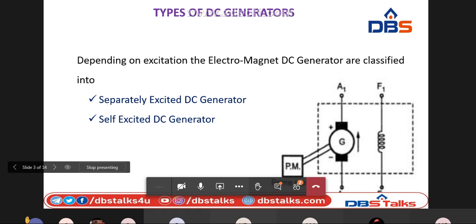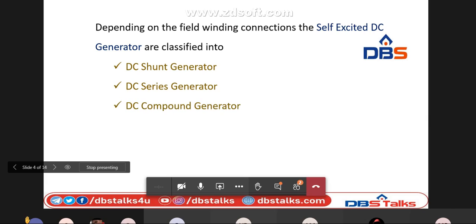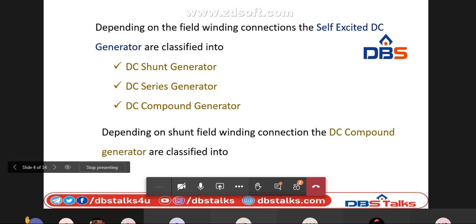There is no further classification of separately excited, but in self-excited DC generators there are three classifications: DC shunt generator, DC series generator, and DC compound generator. The DC compound generator again has two types: long shunt and short shunt.